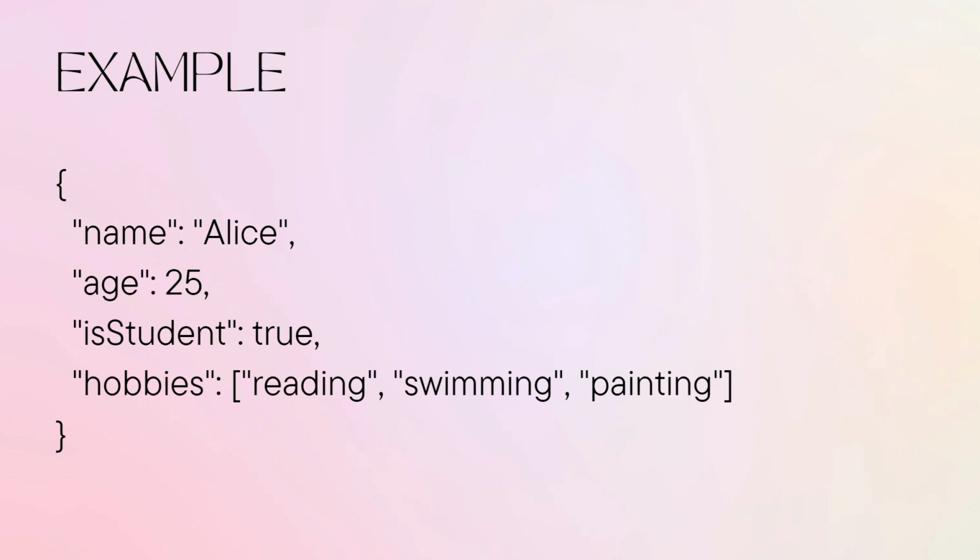We are separating them using commas. Next key is student and the value assigned to it is true. Now in the last key, we are assigning multiple values by using the array format, as we are enclosing it within square brackets to display multiple values. And we are closing the JSON format with a closing curly bracket.